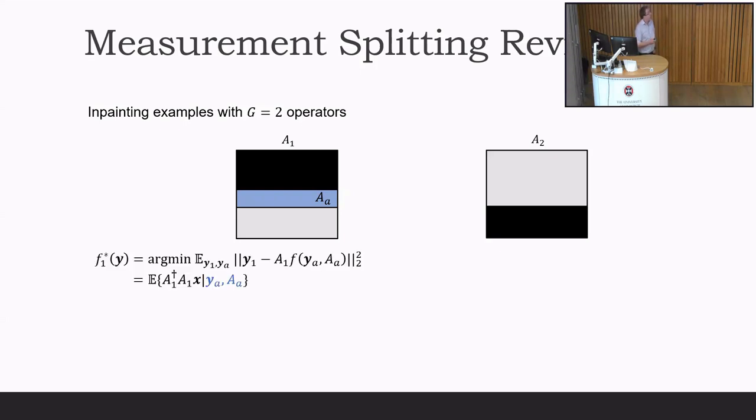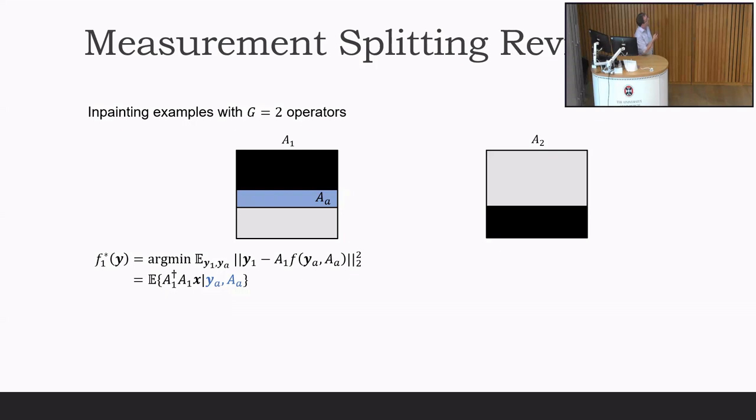Well, clearly I can use the data in capital A, little a that I measure from that. I can train a network on that, project it onto A1, and predict the whole of Y1.